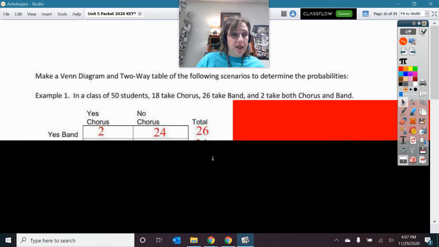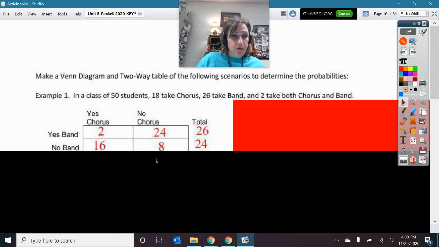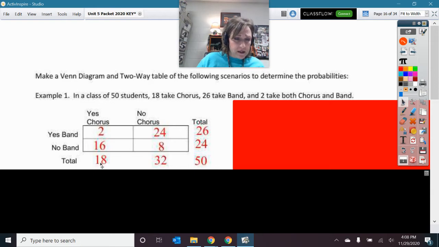Let's take a look at doing those. So we know 26 are taking band, 2 are taking both, so that puts 24 right there. Okay, now let's do the chorus. 18 are taking chorus, 2 were the both. If you like to do this with a Venn diagram, what you have to do is start in the middle with the most restrictive.